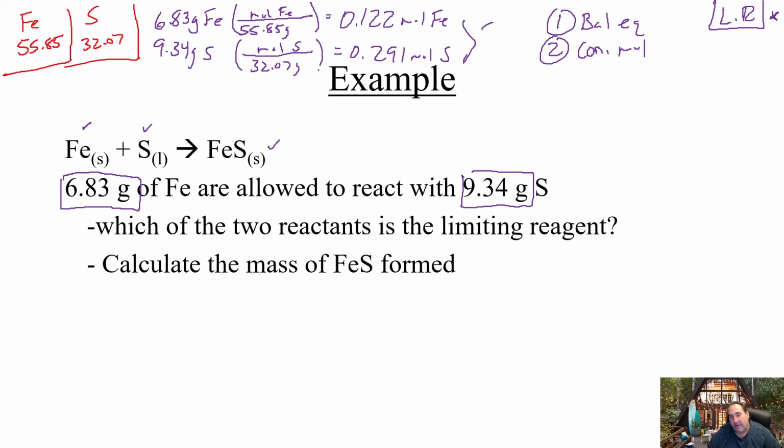Once again, I'm just going to relabel both of these as my starting amount of each. Now, because it is a limiting reagent problem, I'm at the point where I need to figure out which one's the limiting reagent. So again, I'm just going to pick one of the reactants, and I'm going to try to figure out how much of the other reactant I would need to use it up.